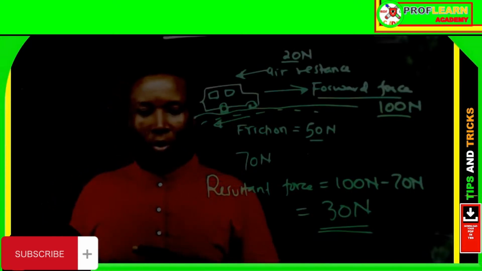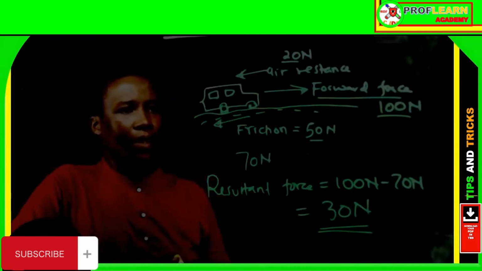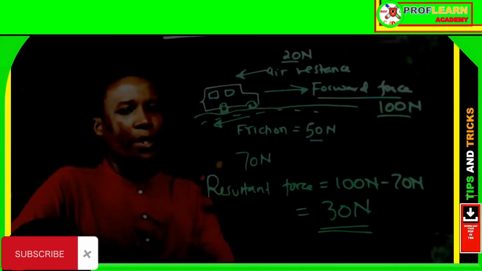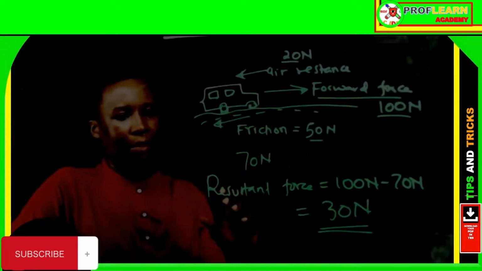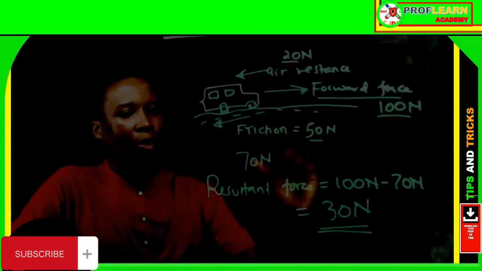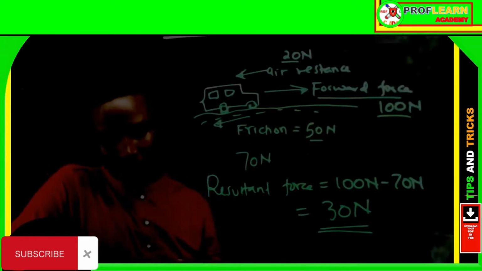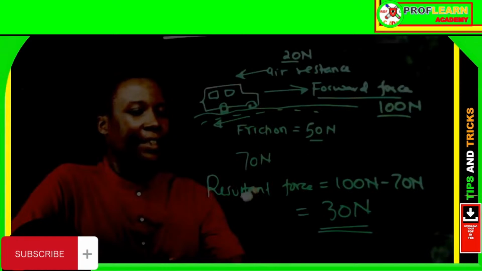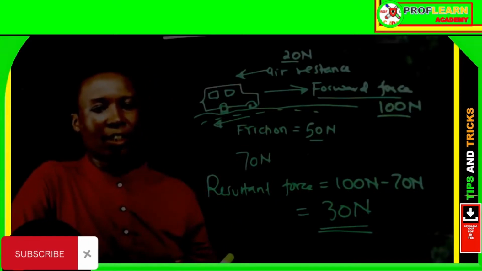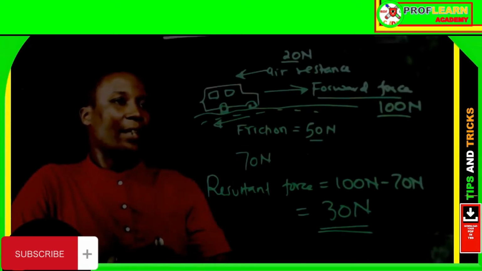So we're going to see what's the relationship between the mass of an object, the force applied, and also the acceleration of that object. So basically, we have already stated that the resultant force here is 30 Newton. So let us look at that.